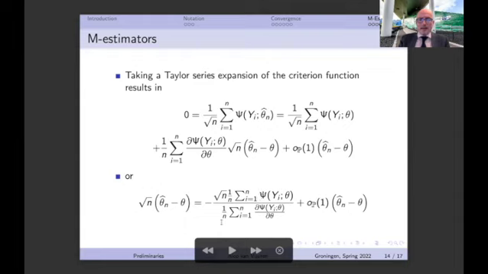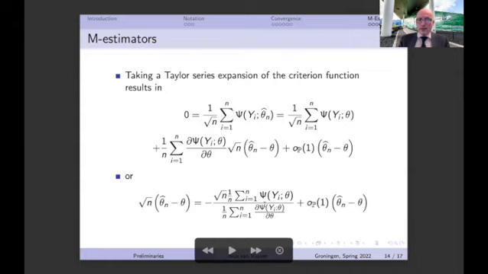I haven't said anything yet about the denominator, but the denominator is somewhat simpler. It's actually nothing else than a sample mean. We do know that sample means are going to converge in probability towards their corresponding population means. So that means no longer summation, but expectation.